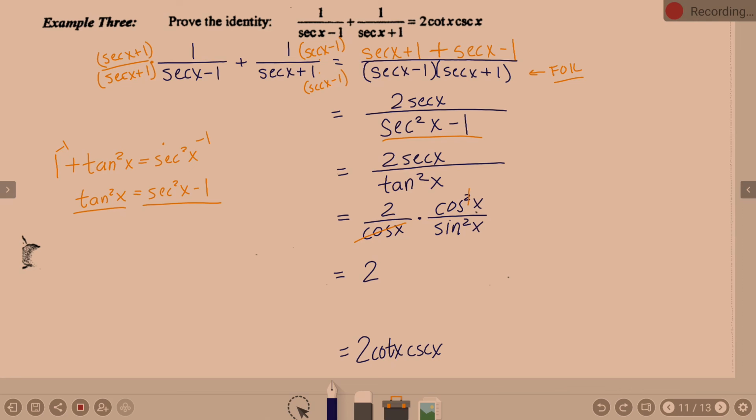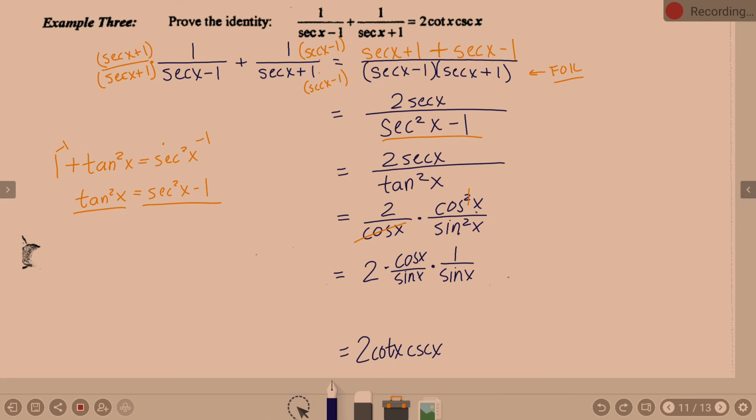Separate them all out. Because what is cotangent? Cosine over sine. That is cosine x over sine x. Then what is cosecant? 1 over sine x. That 2 cosine over sine, 1 over sine.